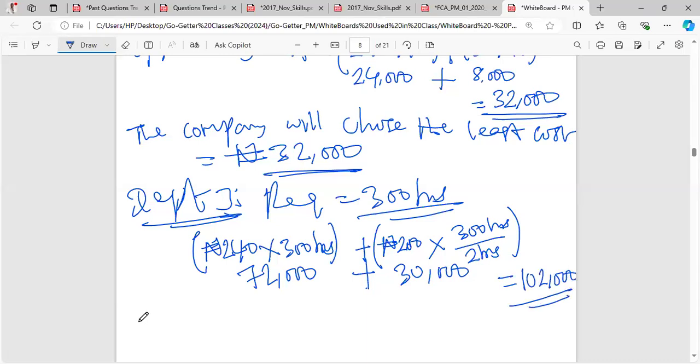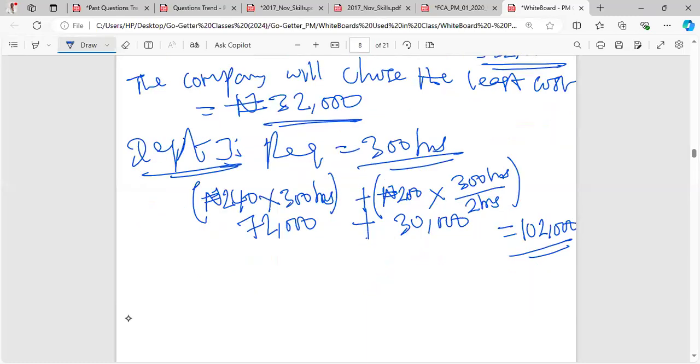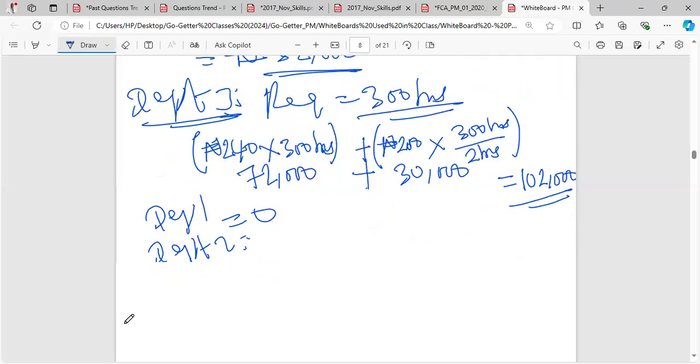So if we add everything together, department 1 is 0, department 2 we have 32,000, and department 3 we have 102,000.